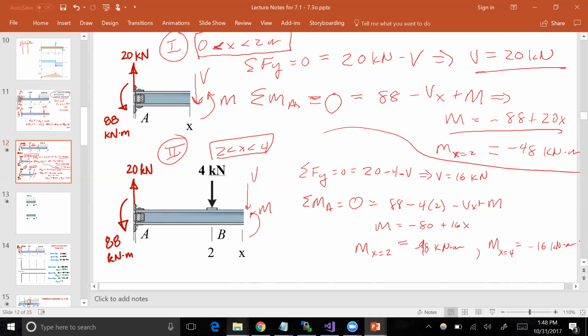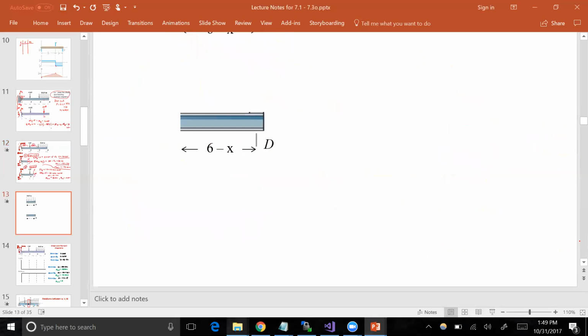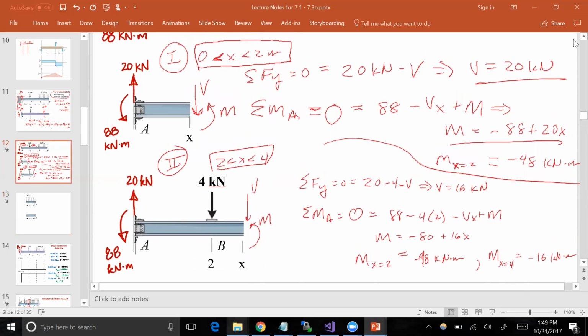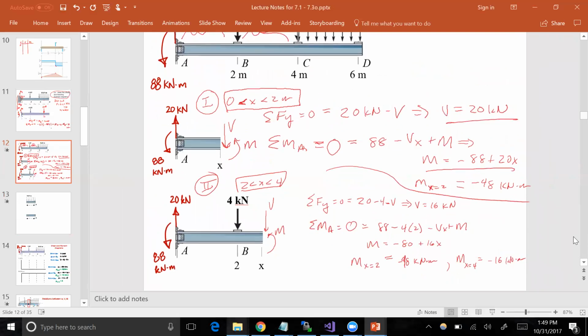We're looking at a left section. We're cutting the beam and looking at the left side. Okay, so the last part we're going to solve is the final section, which is easier to do. There's just fewer things going on. I'm going to zoom out a little bit.